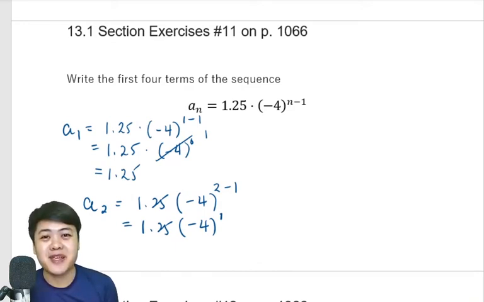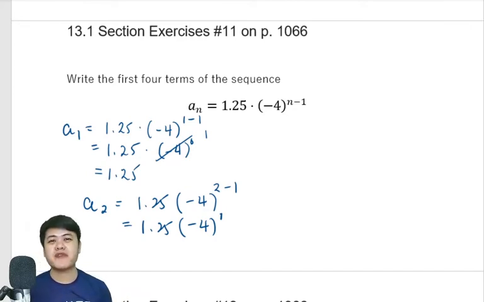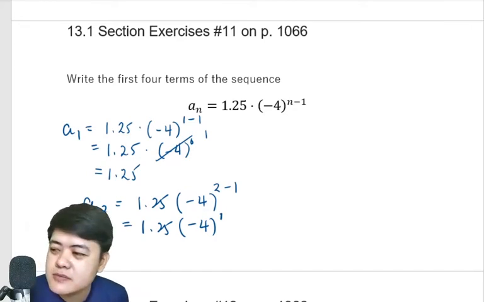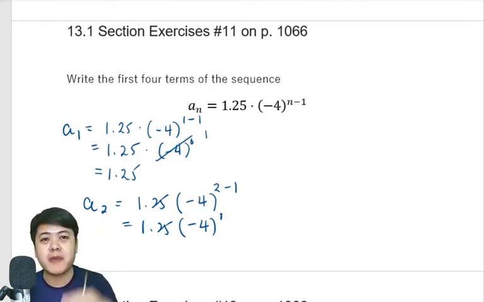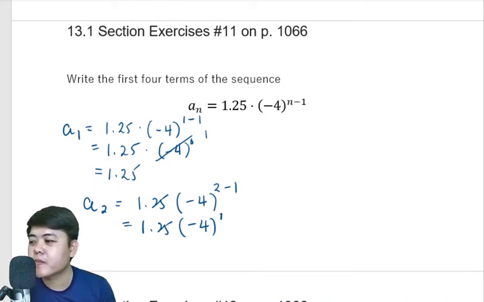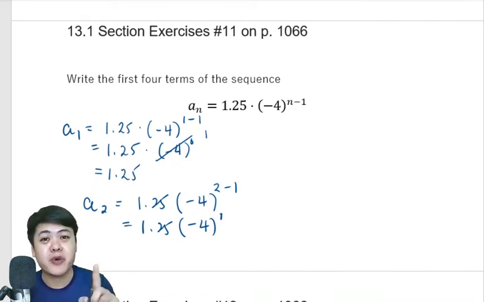1.25 times negative 4. Pwede nyo naman, kung sanay kayo mag-multiply ng decimal, ito yung multiply nyo. Pero kung hindi naman, katulad ko, ayoko mag-multiply ng decimal. But I know that 1.25 is 5 over 4, kasi galing siya sa 1 and 1/4.